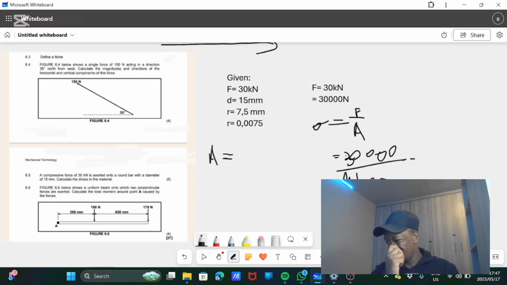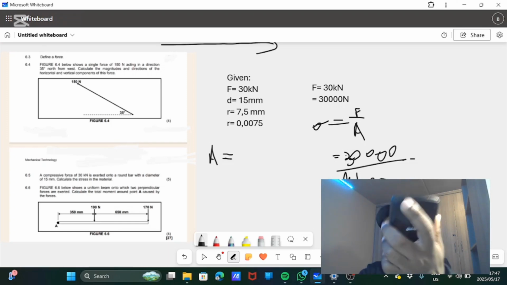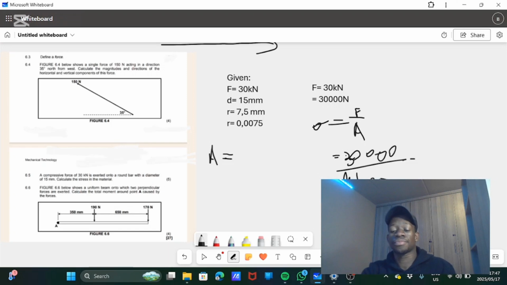It's going to be 400,000. So you divide that by 1000, which gives you 4,000.